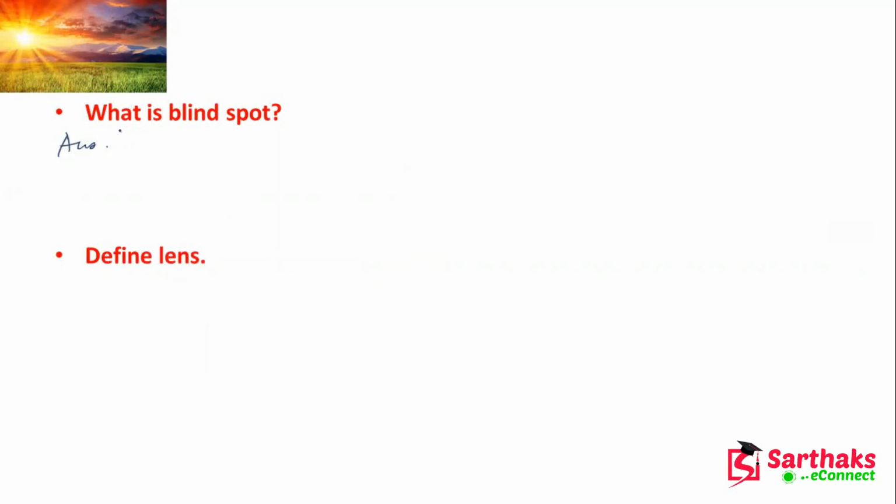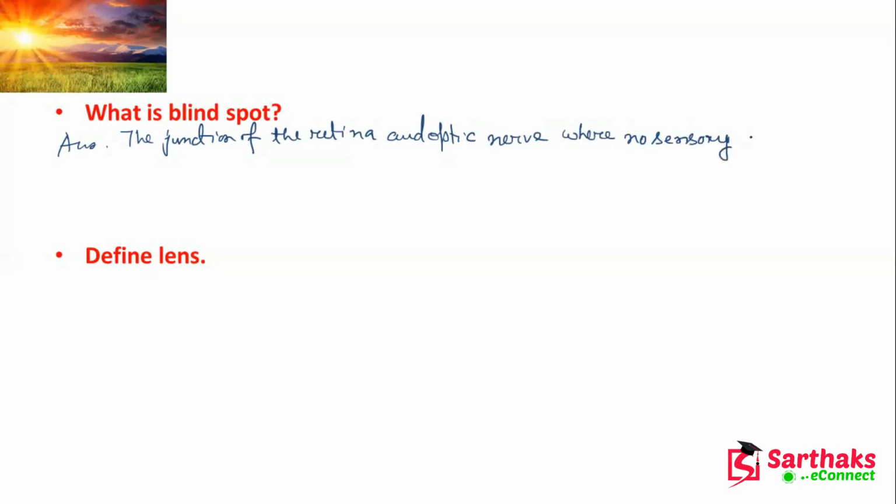The junction of the retina and optic nerve, where no sensory nerve cells are found, is known as the blind spot.